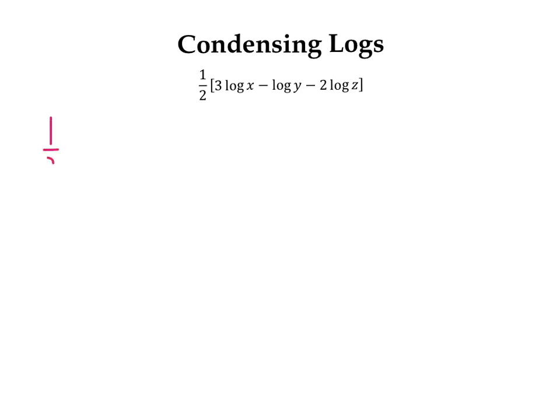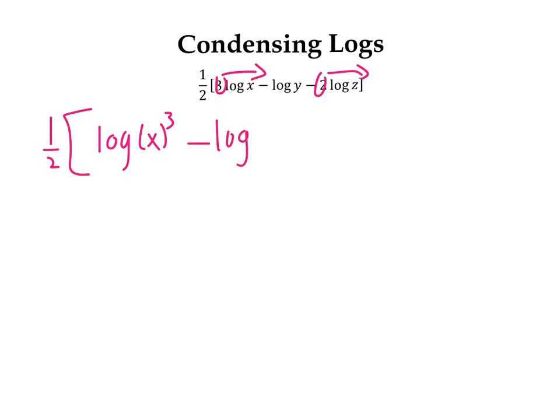I have 1/2 bracket or parentheses log of x to the 3rd power, right? And the 2 will also go to the top, minus log of y minus log of z squared.